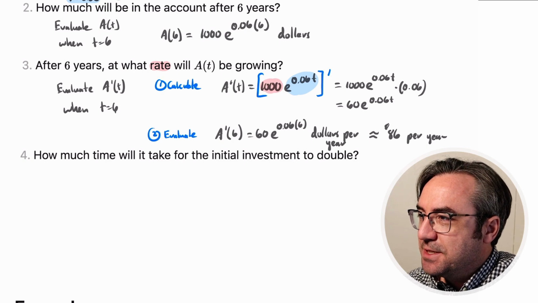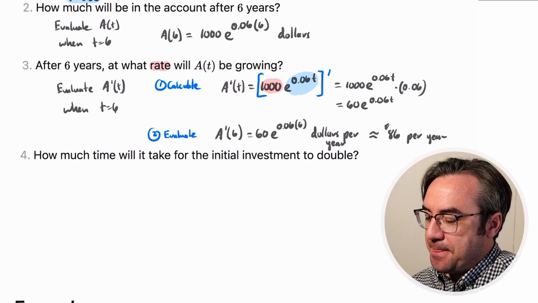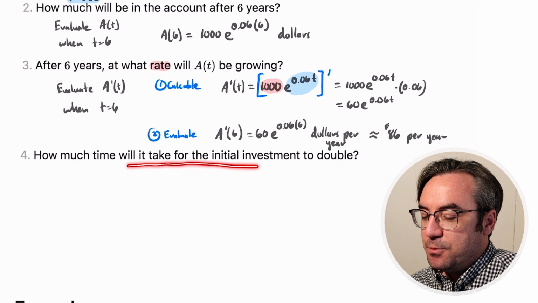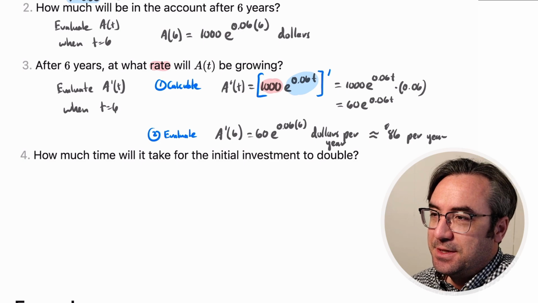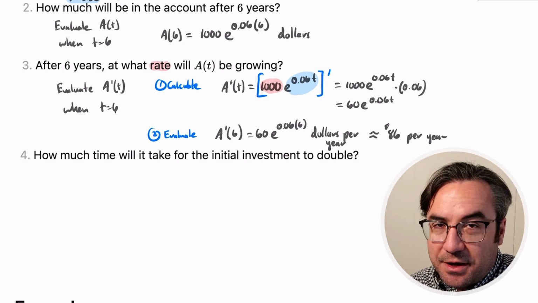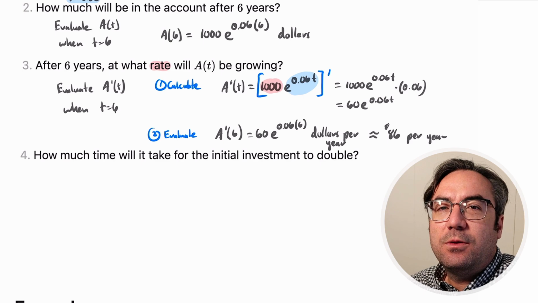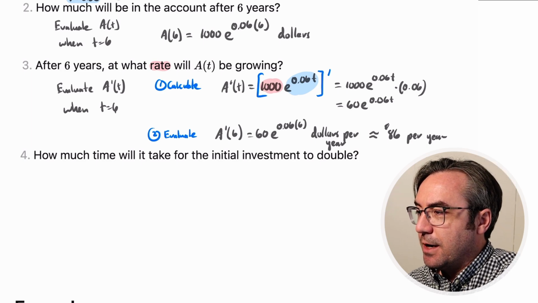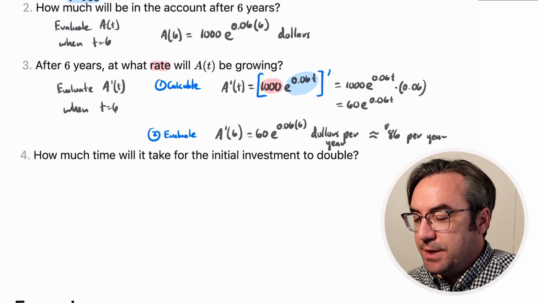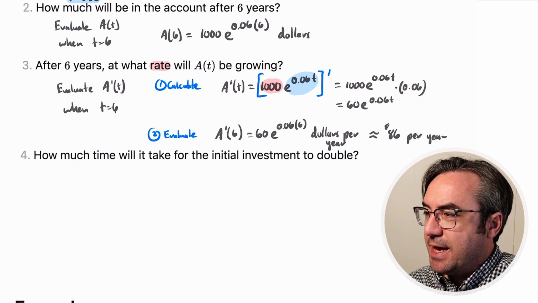All right, so let's try one more of these. How much time will it take for our initial investment to double? We're putting in 1,000, and we want to know how long it is going to take until we have double that. What is this question actually asking?